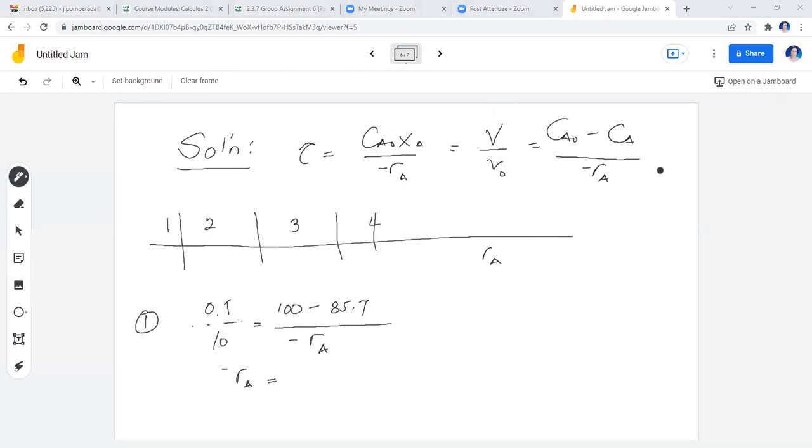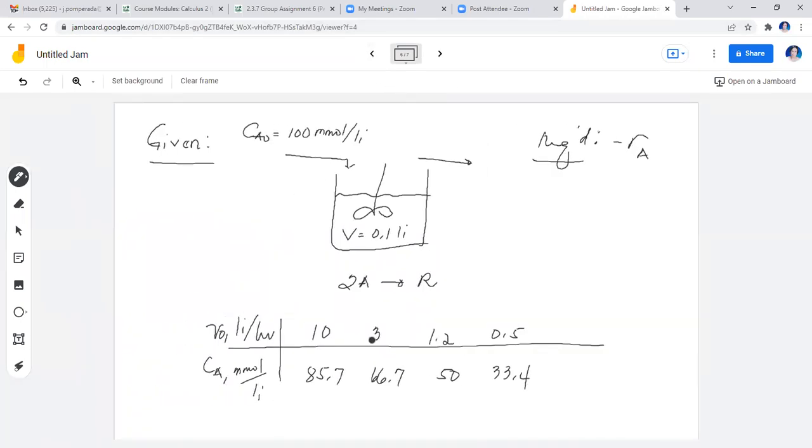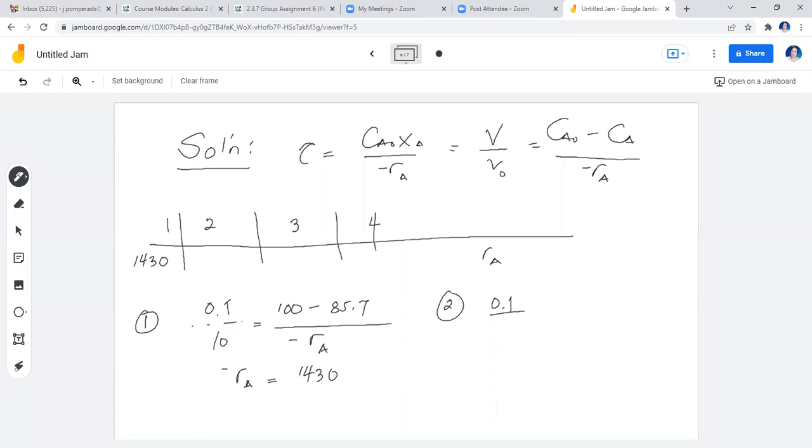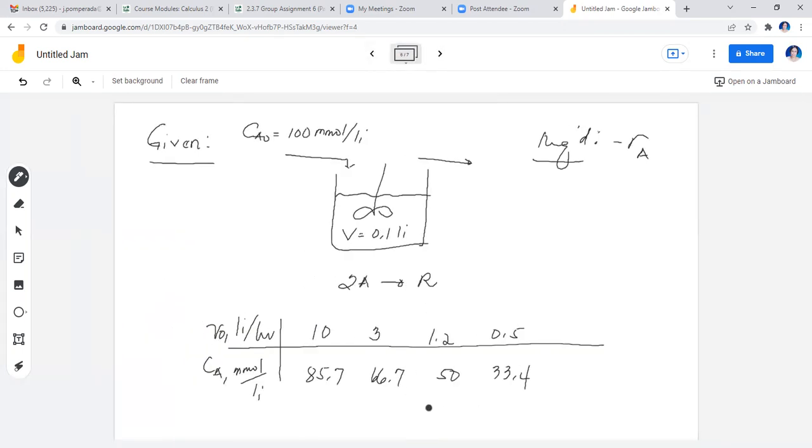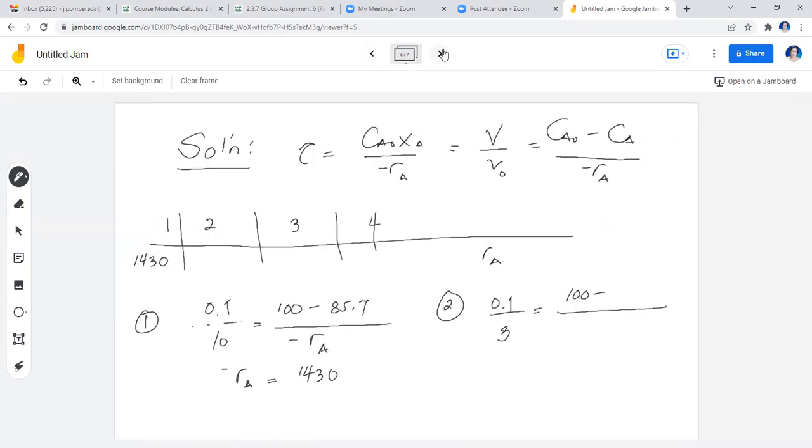Do you have your calculators with you, class? Your rate is 1,430, so you write 1,430 for run 1. Then the second would be: you still have 0.1, but this time it would be divided by 3, and your initial concentration would still be 100, but your final concentration would be 66.7.